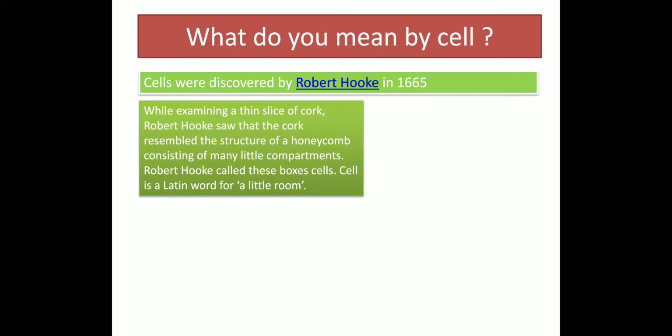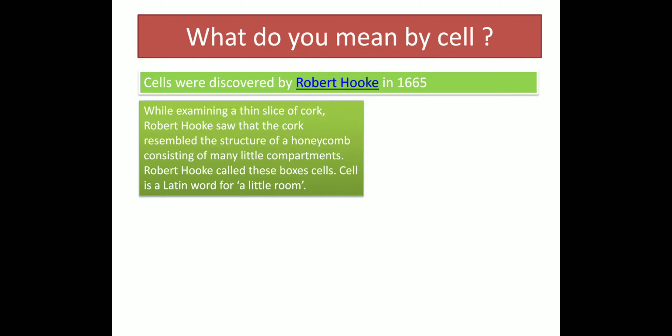So what do you mean by cell? As we know, the word cell means a small room or compartment. The first time Robert Hooke, who discovered the microscope, saw the cell, he saw a thin slice of cork observed in a microscope.